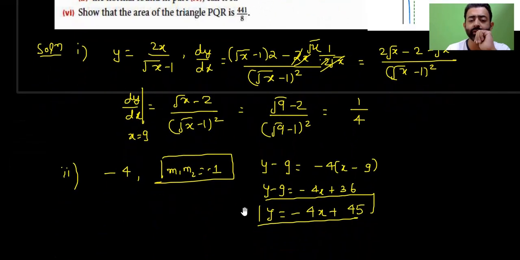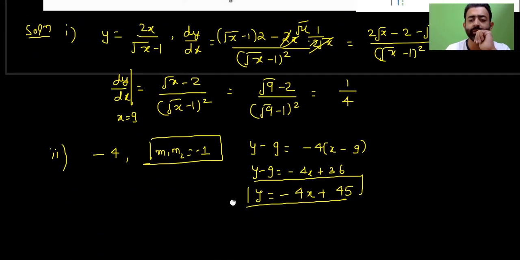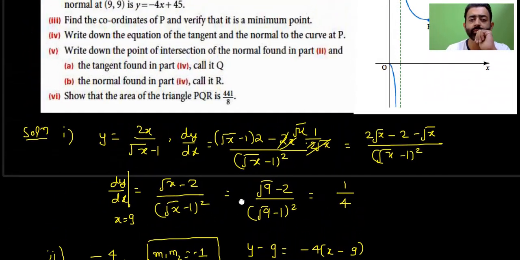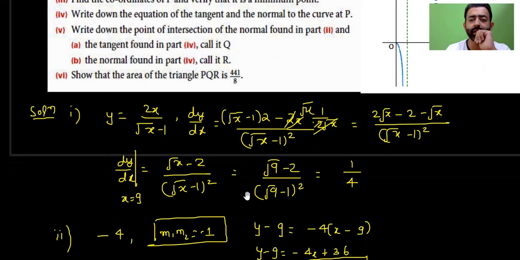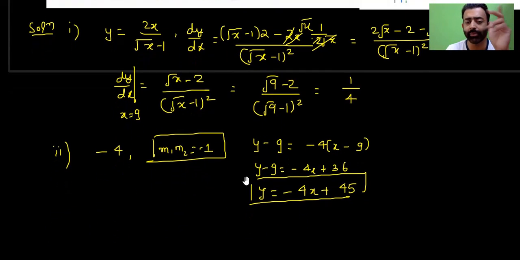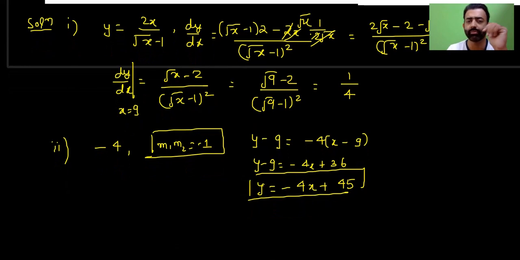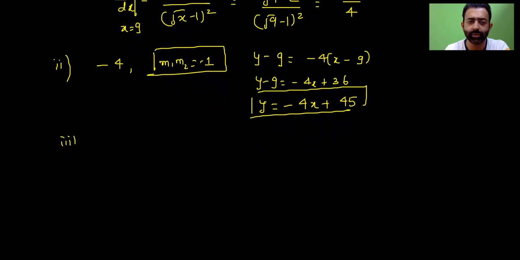Okay, so let us do quickly that we have to find out the coordinates of point P, as it says that it is a minima point. So minima or maxima is obtained by putting the derivative function equal to 0. So third part says that we have to put dy by dx equal to 0.